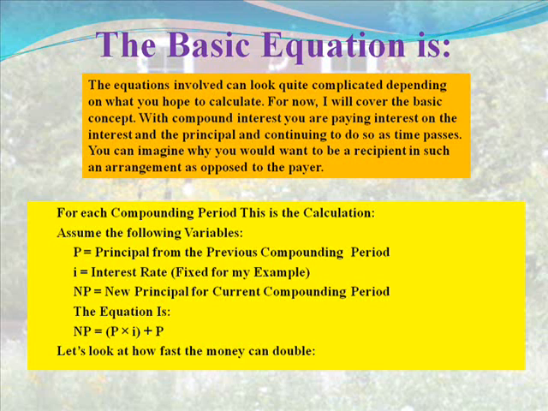The equation is NP, or new principal, equals principal from previous compounding period times the interest rate plus the principal from the previous compounding period. In other words, you're adding the interest onto the principal to be used in the subsequent calculations.